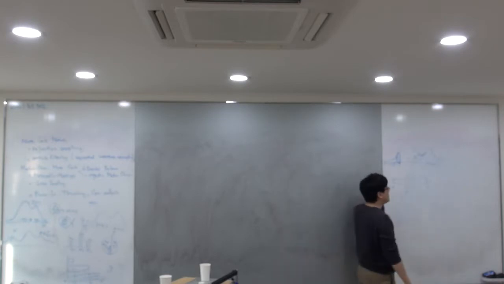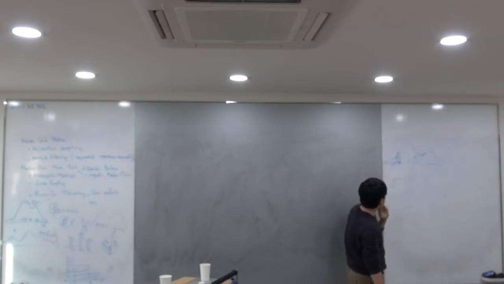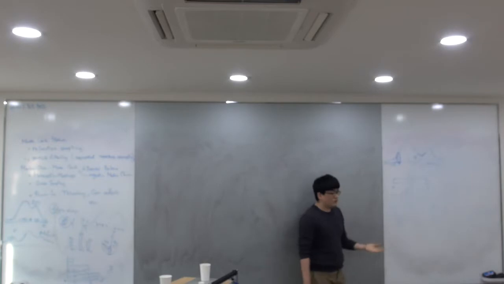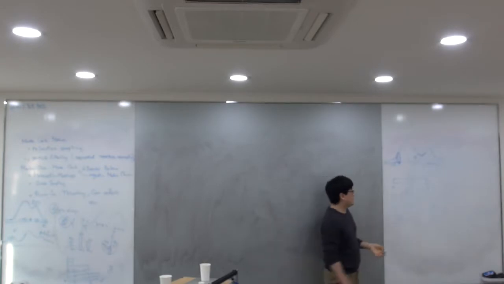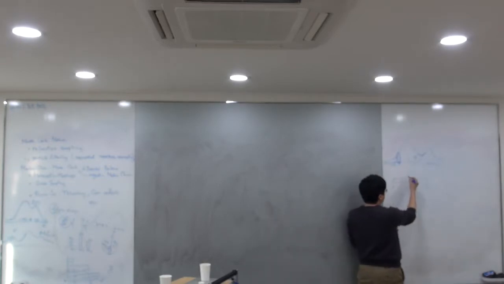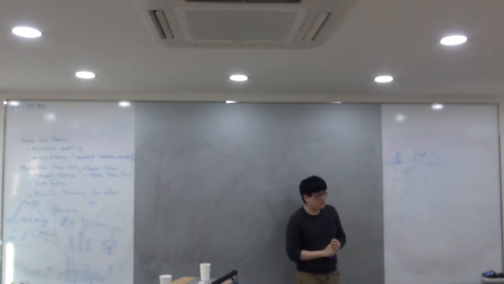Sometimes you fail. So getting the CDF is one problem. Another thing is that you need to know not just the CDF, you need to know the inverse of the CDF function.